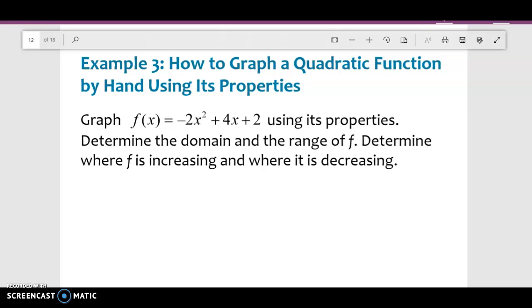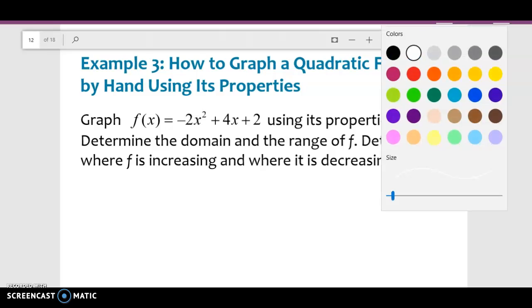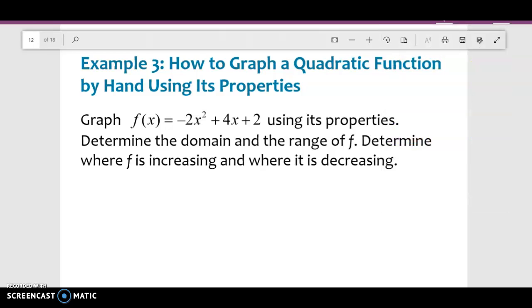First off, I know that this is opening downward. The reason I know that it opens downward is because of this a value of negative 2.